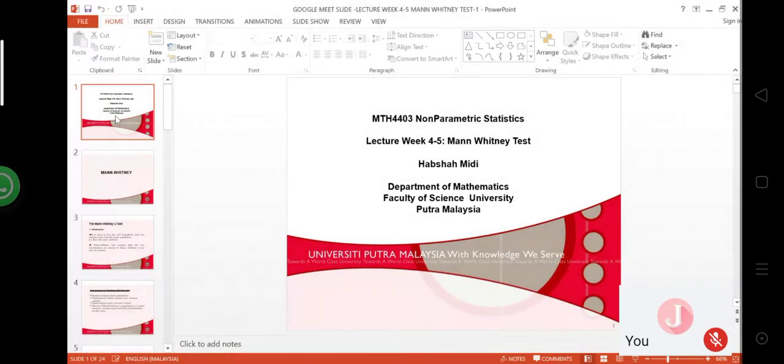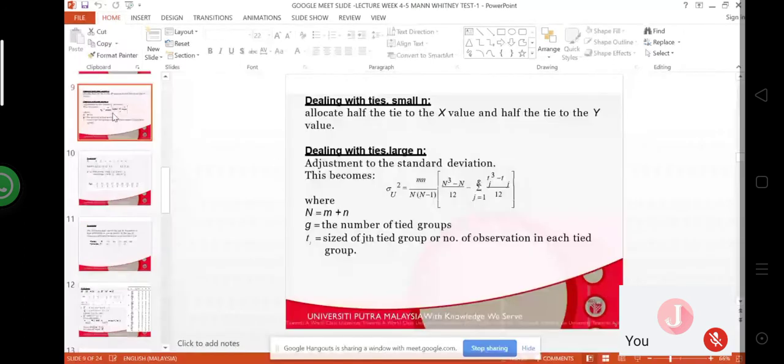By now you should know how to make comparisons when the sample is small, when there is no tie, and when there is a tie observation. Now, let's say your sample is large and there is a tie observation. How are you going to test your hypothesis?